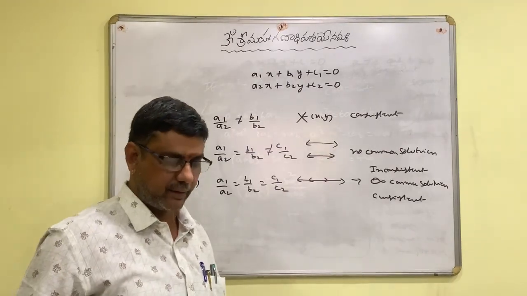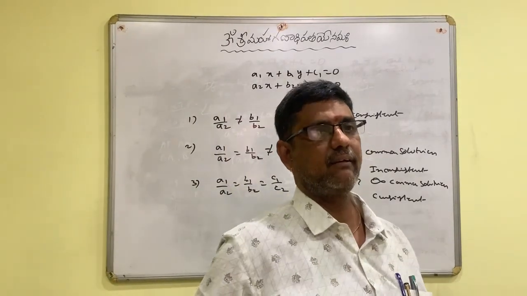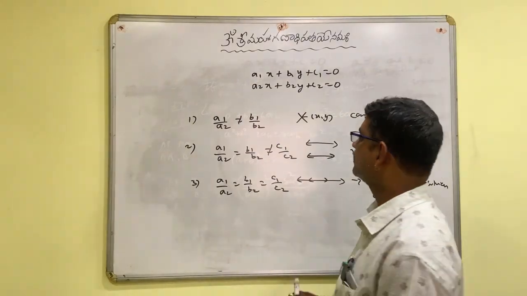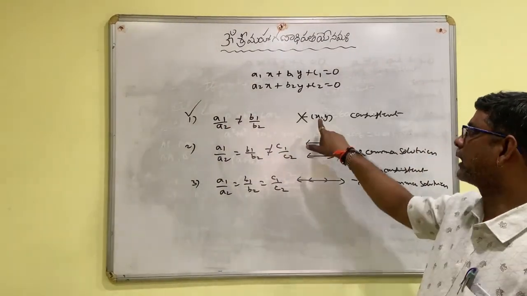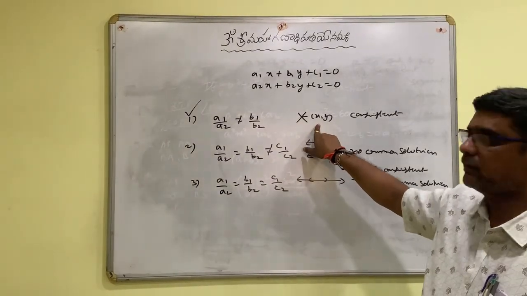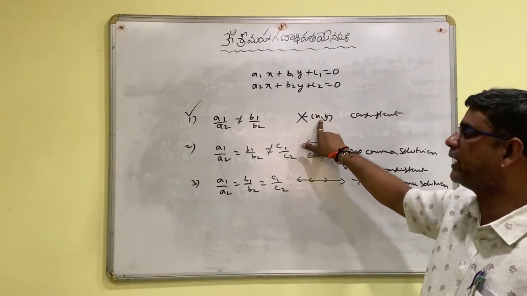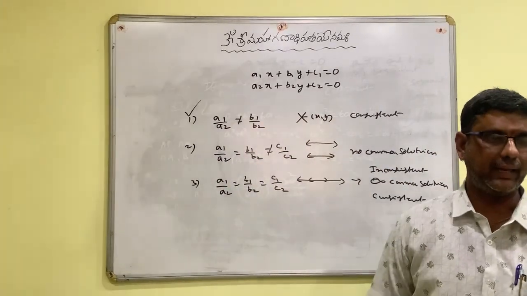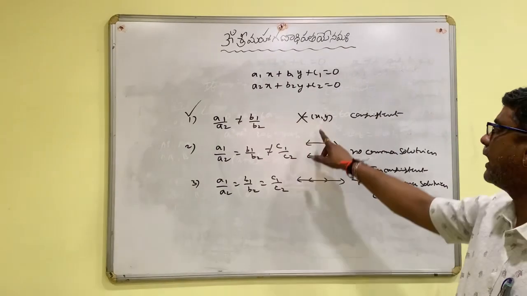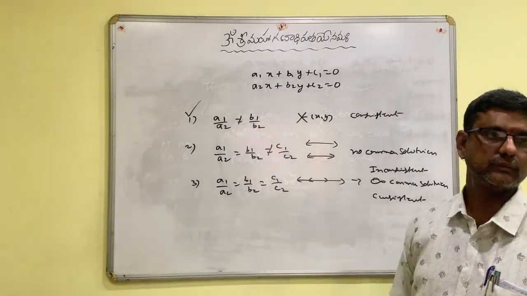అయితే వీటి వల్ల ఉపయోగం ఏంటి? What is the use of this? Our aim is to find the common solution. ఈ common solution find out చేయాలంటే A1 by A2 not equal to B1 by B2 అవ్వాలి. Then only we will have a common solution.